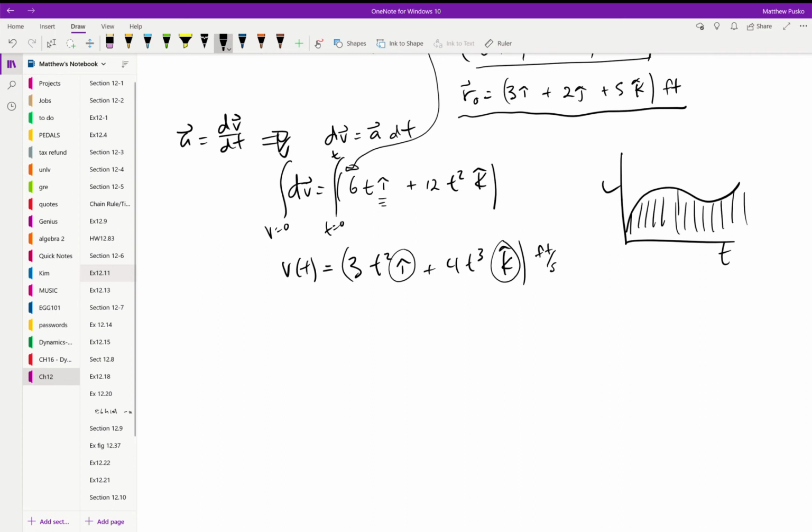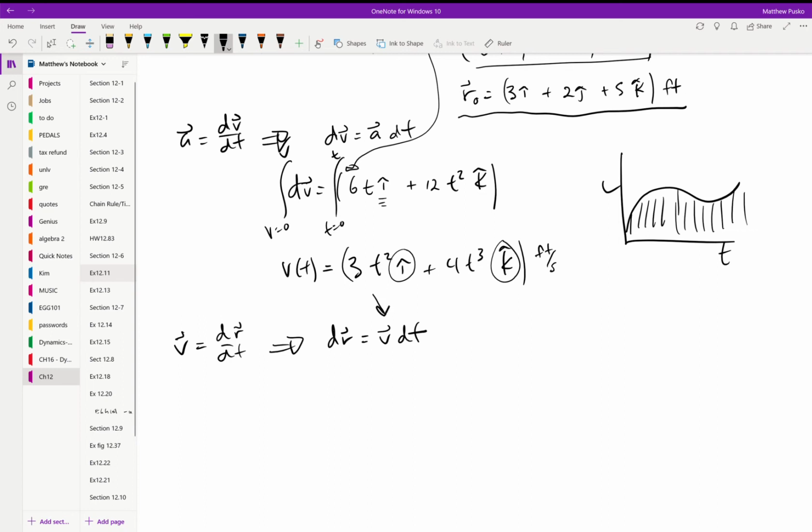So what I'm going to do is go ahead and start with the velocity definition. It's equal to dr dt. We can rearrange that, separate the variables, and get dr is equal to v dt.